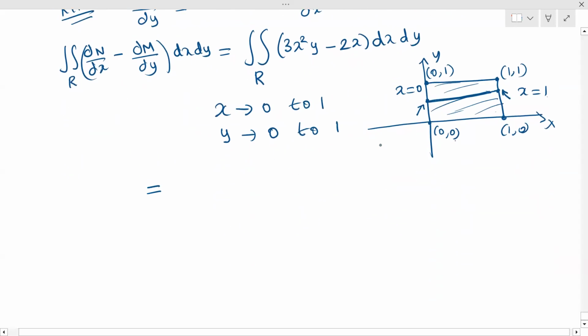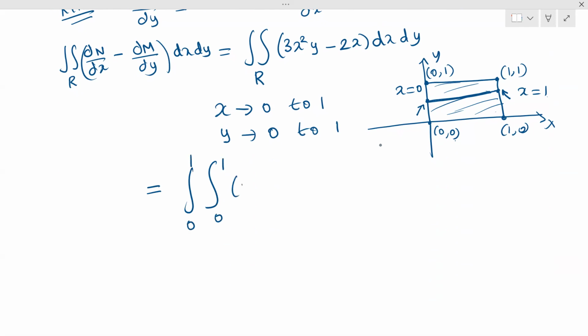So this integration is x varies from 0 to 1 and y varies from 0 to 1 of 3x square y minus 2x dx dy. It is a very simple one because both the lower and upper outer integral limits are constant.